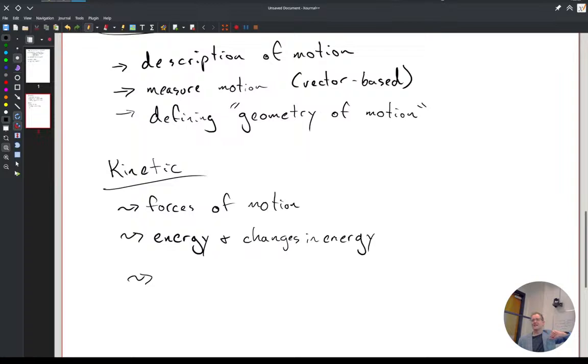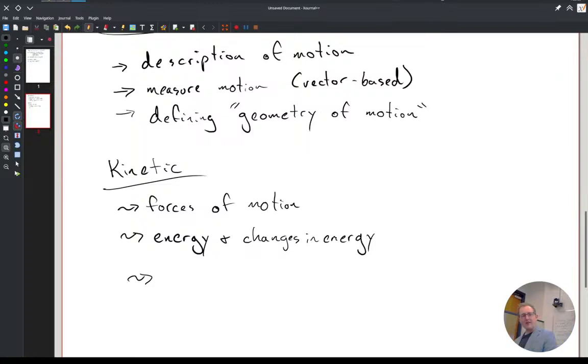Come on, man. All right, so kinetic is the how. How did this happen? Why is it happening? Is a force involved? Is there work input? Is there an impact? Did something hit something else? Why is this motion happening? So the what and the how are the two things.